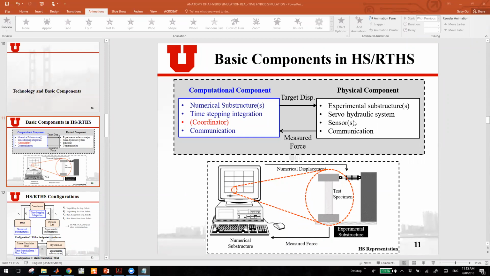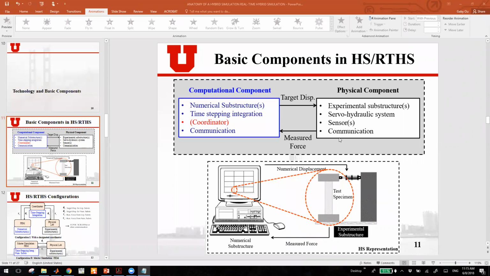And then the sensors, which we mainly use to measure the feedback. That feedback can be displacement, which uses LVDT sensors, and it can also be force, which uses load cells, and also strain gauges, but I rarely see applications using strain gauges for hybrid simulation. Accelerometers are also a type of sensor to provide that feedback.